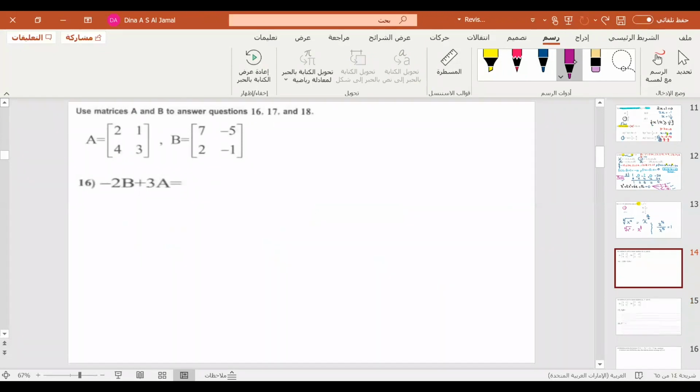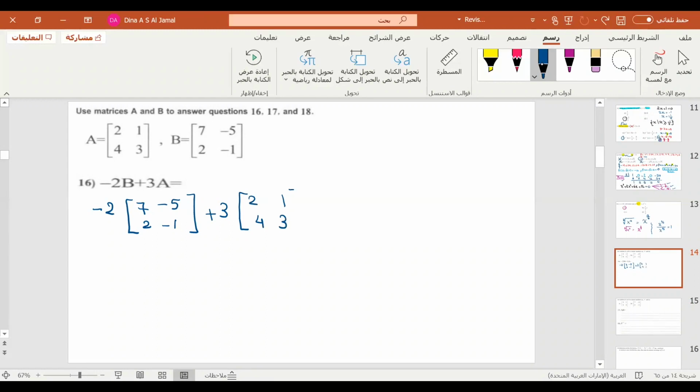Now let's go to the open-ended questions. You are having two matrices and he's asking you to find minus 2B plus 3A. So first of all, you will be putting minus 2 multiplied by matrix B, which is 7, 2, minus 5, minus 1, plus 3 multiplied by 2, 1, 4, and 3.